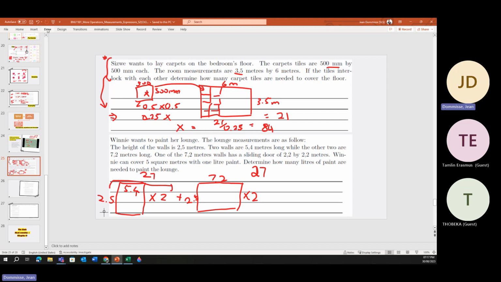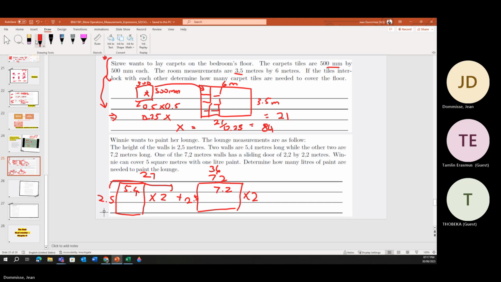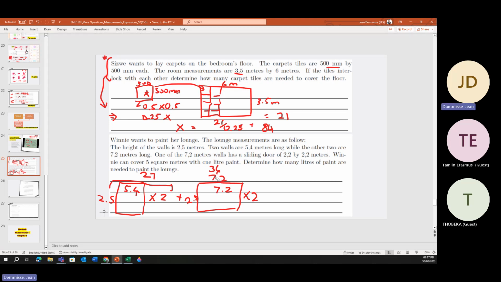Let me write it at the top, just if we need to work out something else. The area for this one is, again, 2.5 times 7.2 gives us 18. 18 times 2 is 36. Okay, so 7.2 times 2.5 times 2 gives us 36. Okay, so that is all the walls.